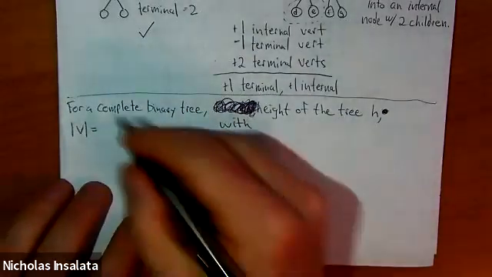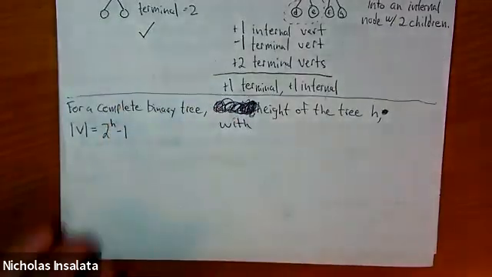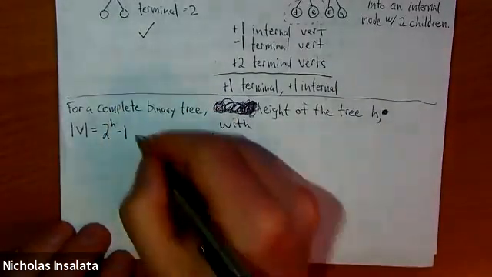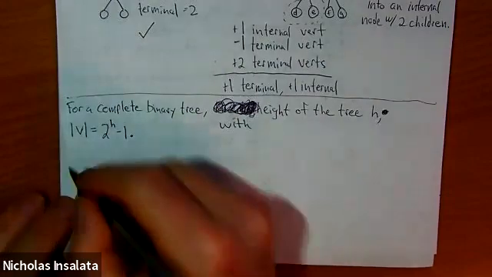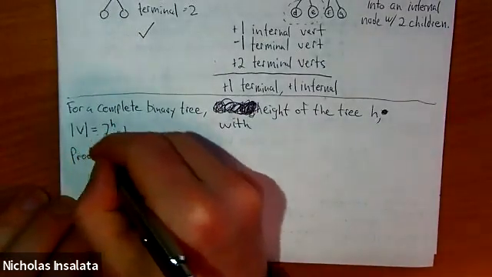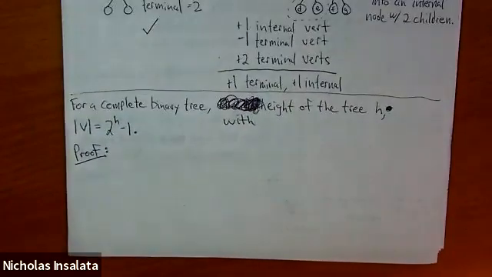You get 2 to the height minus 1. 2 to the h minus 1. Okay, let's do a proof. So what kind of a proof should we do here?